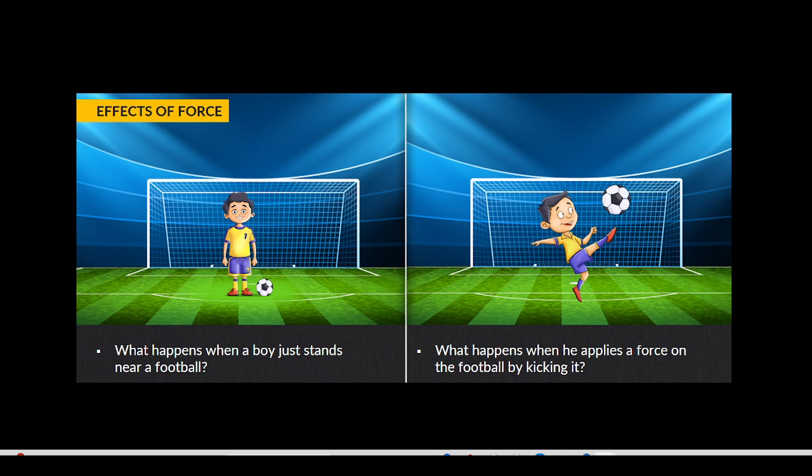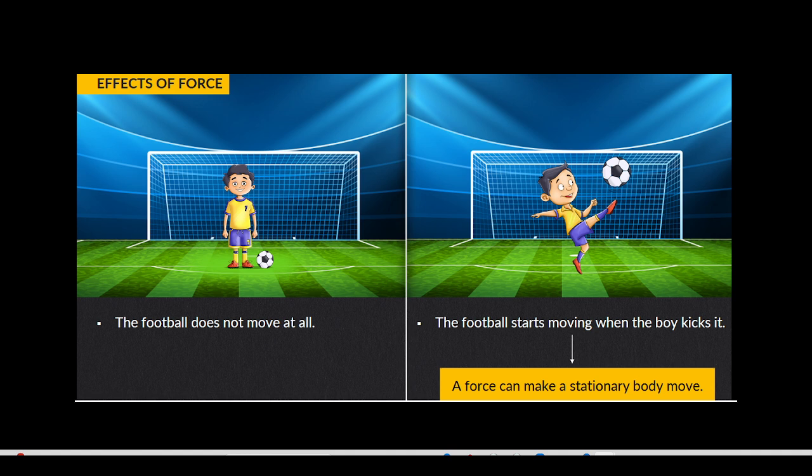No. If I ignore the wind, then unless he applies some external force, it won't move, right? In the second one, when he applies force on the football by kicking it, it will start moving.